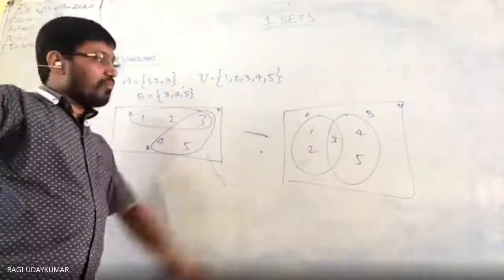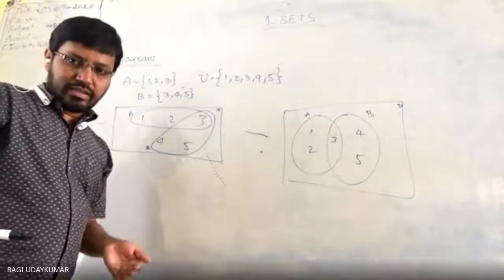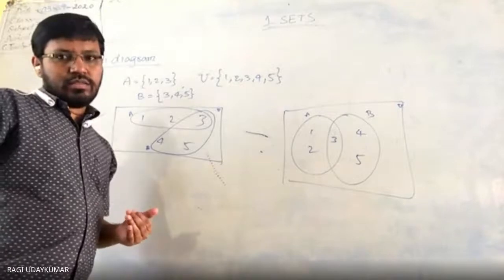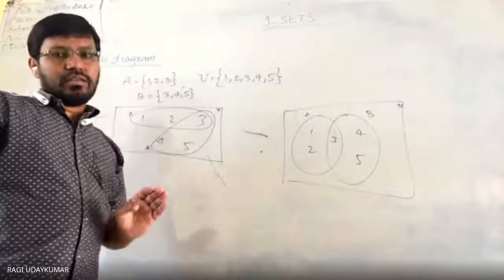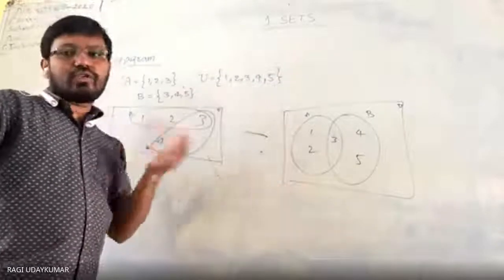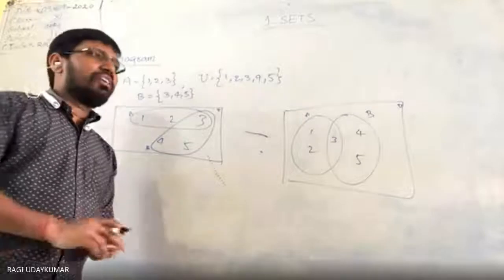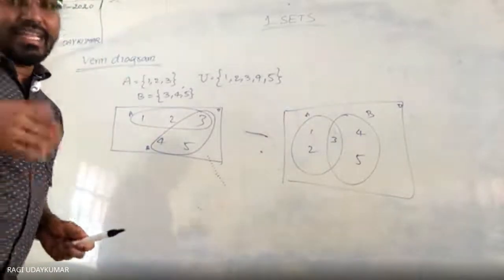This is the Venn diagram of this situation. Usually sets are written as ovals, and the universal set is taken as a rectangle or a square.